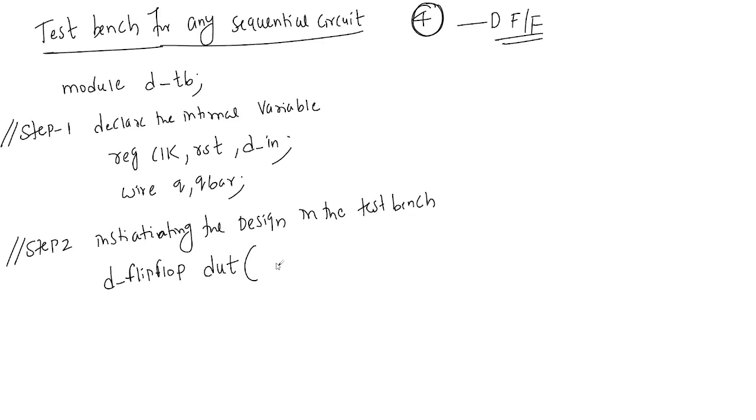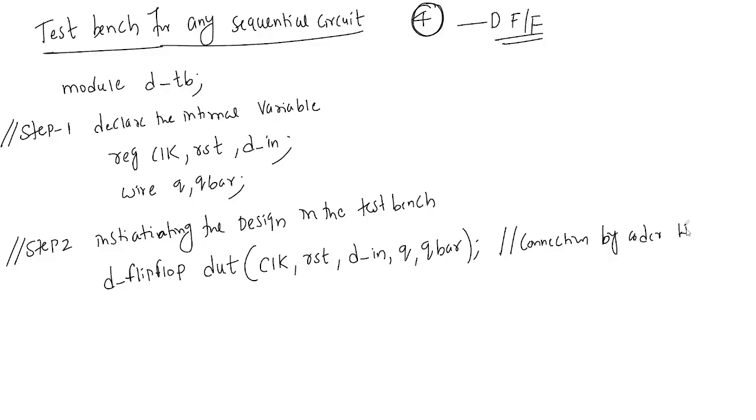So clock, reset, d underscore in, q, and q bar. Okay, this is connection by order with position list.